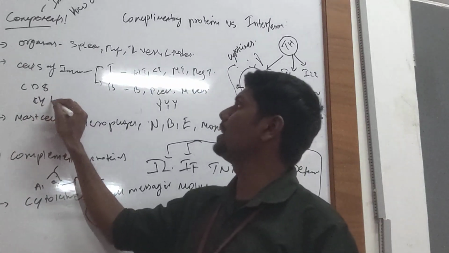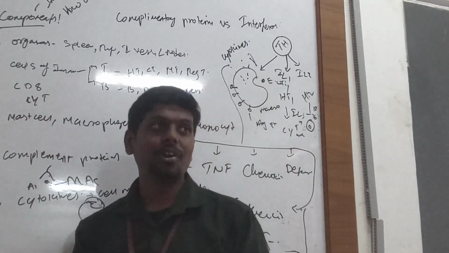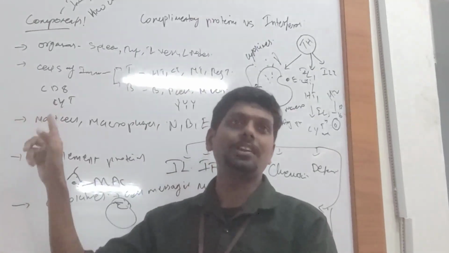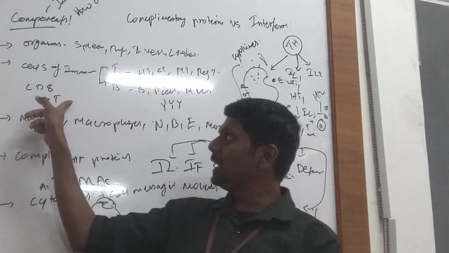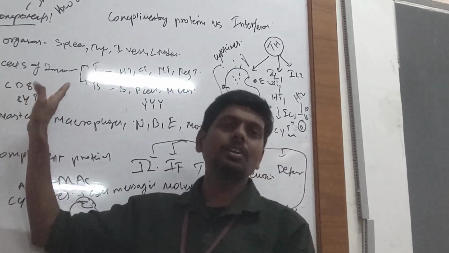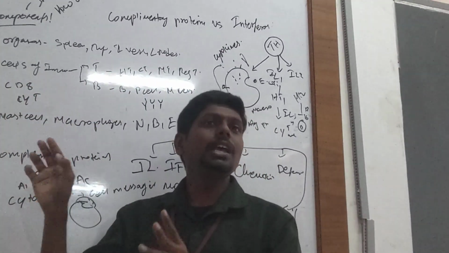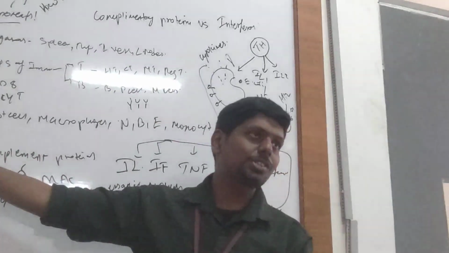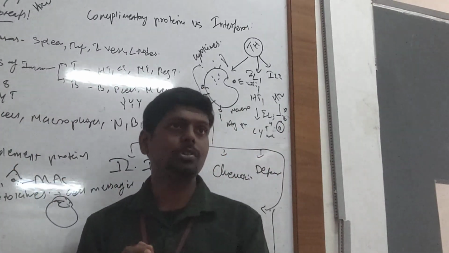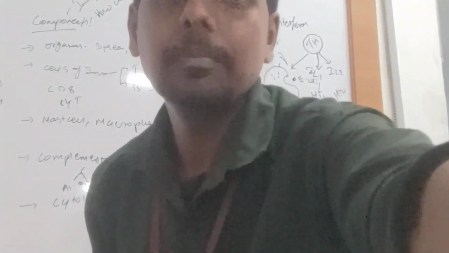Now you are understanding, right? When we say CD4 count, that is helper T cell count, and CD8 count means cytotoxic T cell count. Usually among HIV patients, CD4 count will be reduced.